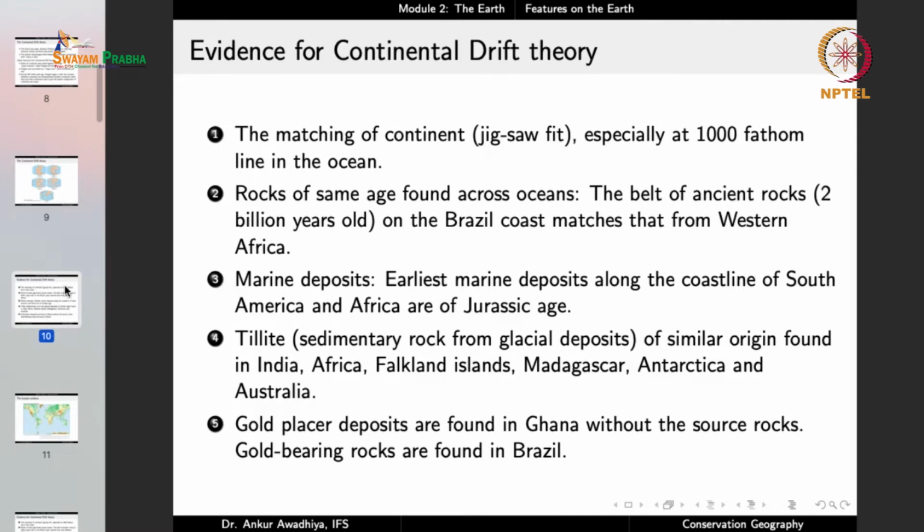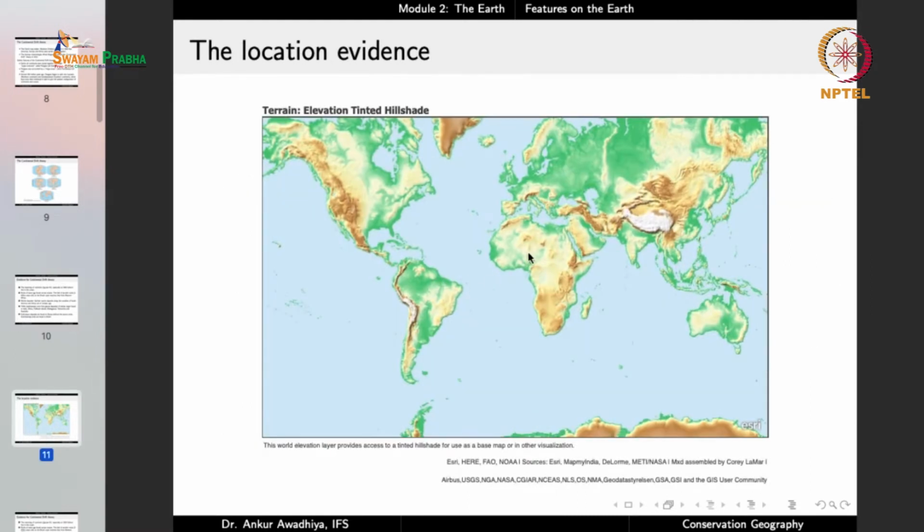He found out that rocks of the same age are found across oceans. That is, the belt of ancient rocks around 2 billion years old on the Brazil coast match that from Western Africa. That is, the rocks that we have here in the South American land mass and the rocks that we have here in the African land mass, they are very similar.